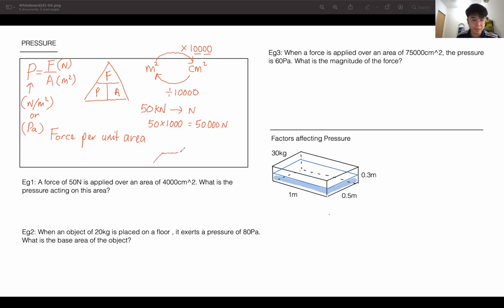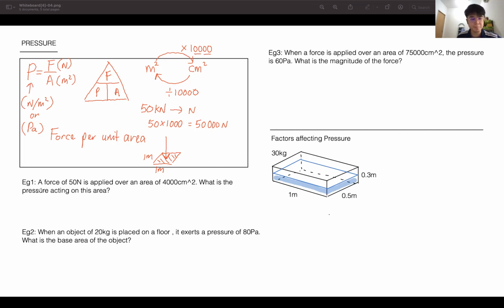So like 1 meter square, here you have 1 meter, 1 meter. The amount of force pressing on this surface, 1 meter, 1 meter. That tells you the pressure.